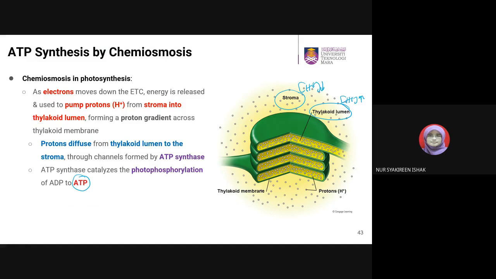Okay, so it says here as electron moves down the ETC, energy is released and used to pump protons. Pump, ingat saya terangkan sebelum ni, pump adalah proses active transport. Okay, active transport maksudnya proses tu memerlukan tenaga, energi. Energi tu datang daripada mana?